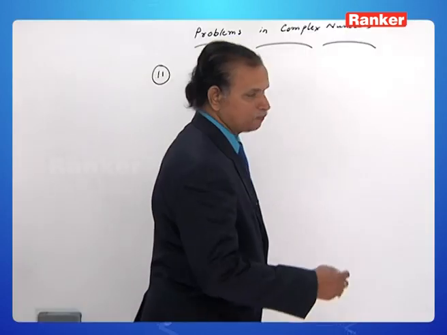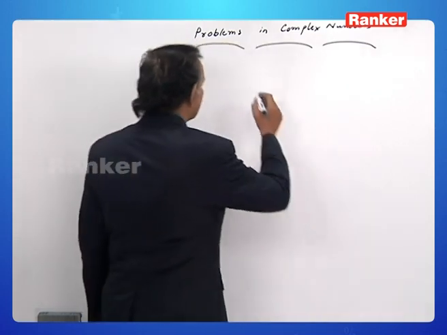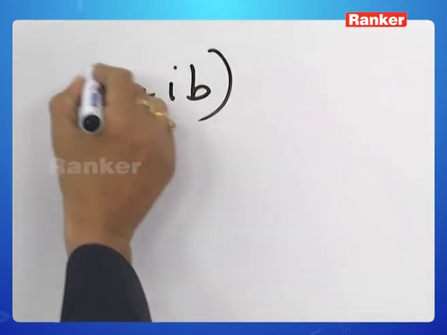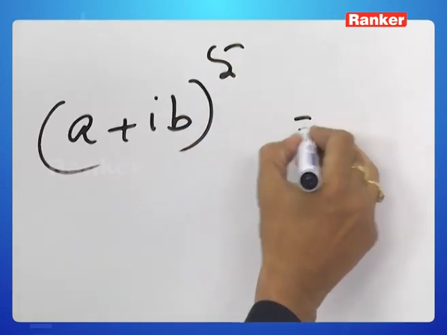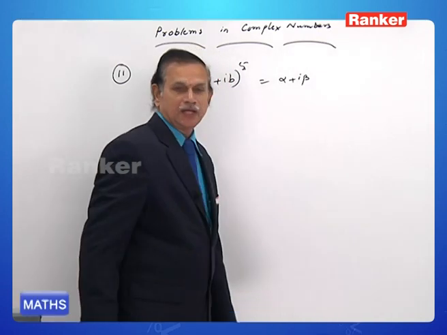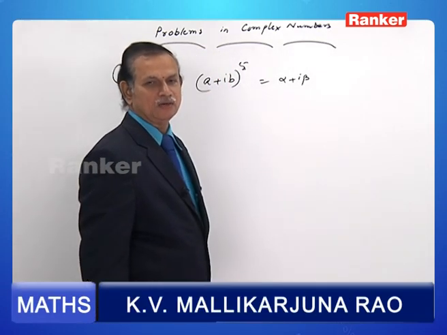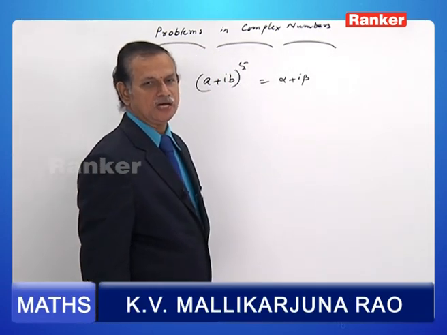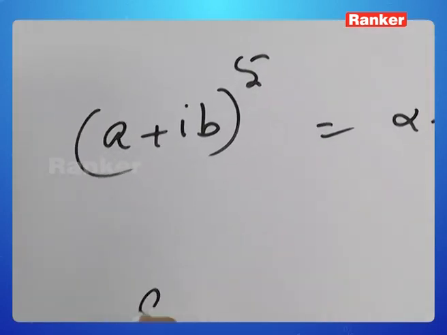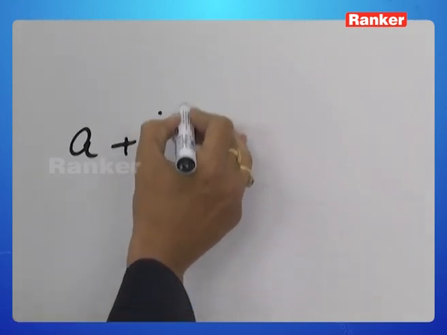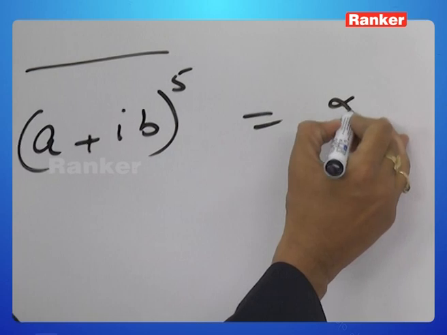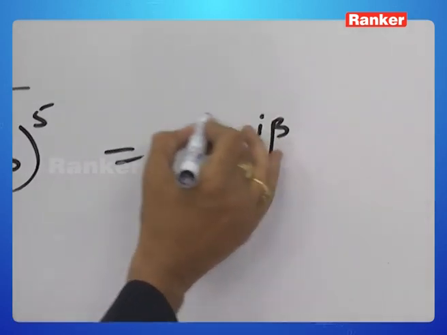Let us see what is given actually. (a + ib)^5 = α + iβ. Therefore, the conjugate of (a + ib)^5 is equal to the conjugate of α + iβ.